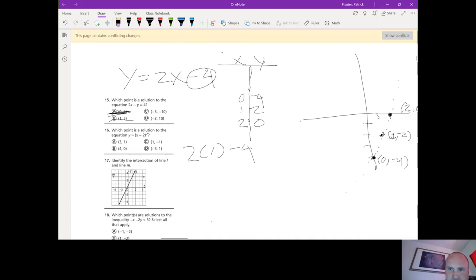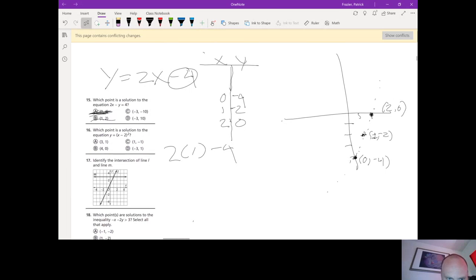And if we look over here on the graph, when x equals 1, y is negative 2, not positive. So that's definitely wrong.